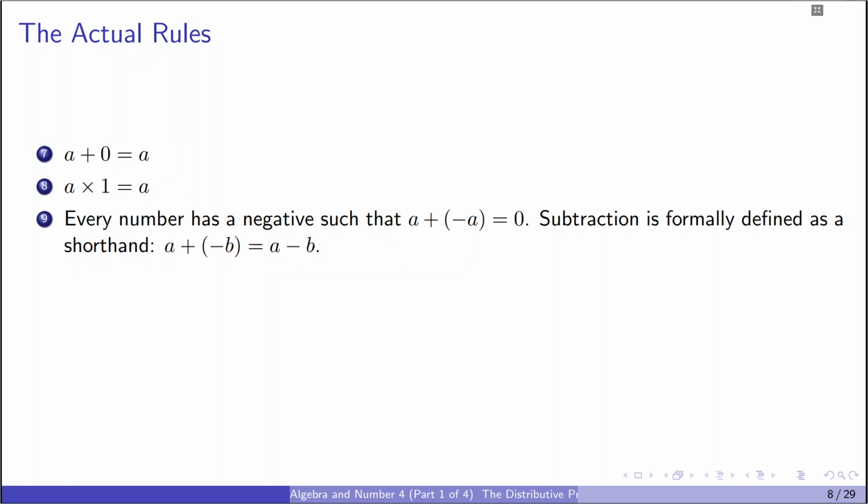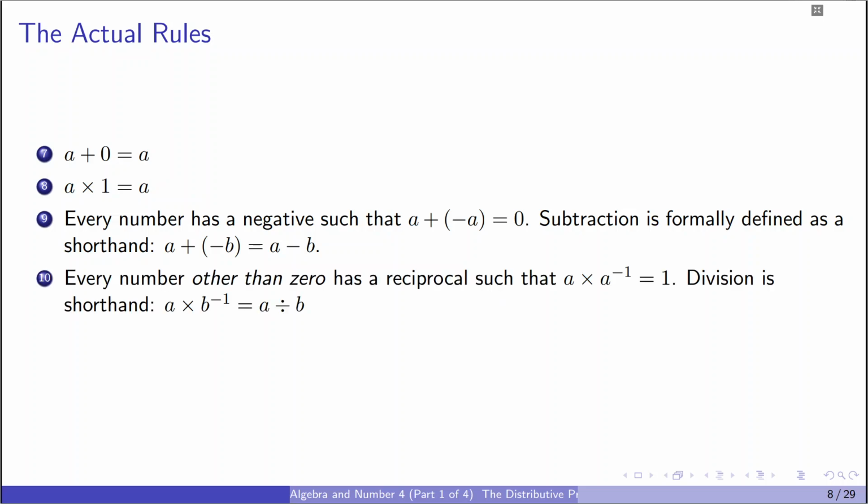Now, how can we tell these apart? It's because the multiplication version has an exception. Every number other than 0 has a reciprocal, so that a times its reciprocal, its multiplicative inverse, is 1. Notice 0 was the additive identity, 1 is the multiplicative identity.